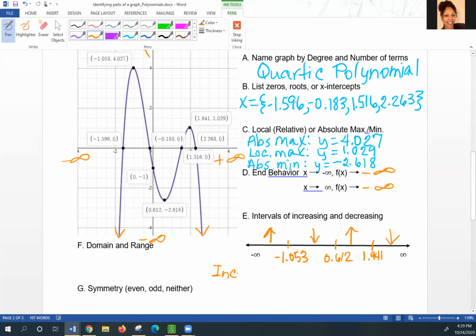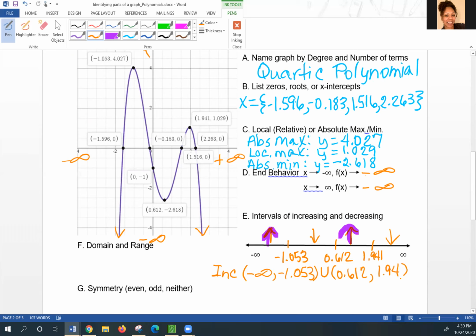And again, I want to start with the parts that are increasing. So I'm just going to change the coloring so I won't get confused. So I am increasing from negative infinity to negative 1.053. I increase again, so I want to do what's called a union at 0.612, and I keep going up, up, up until I reach 1.941.